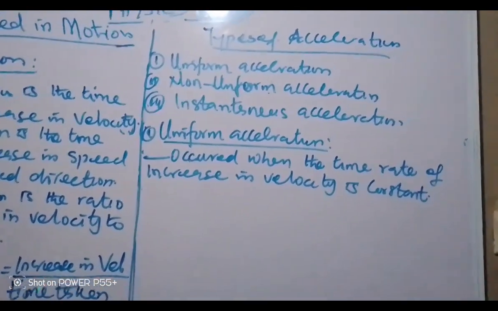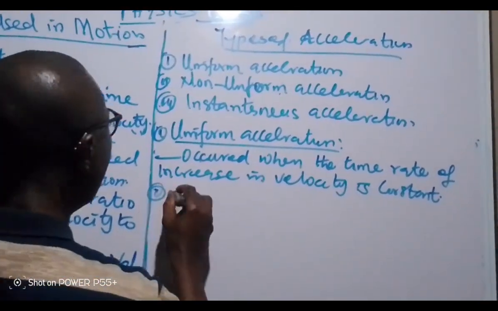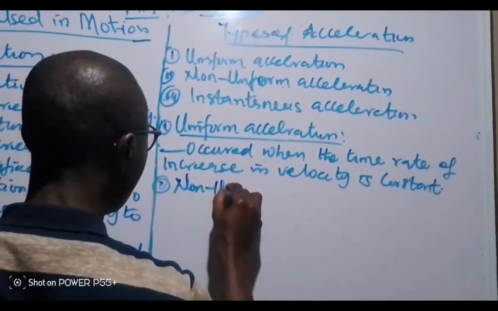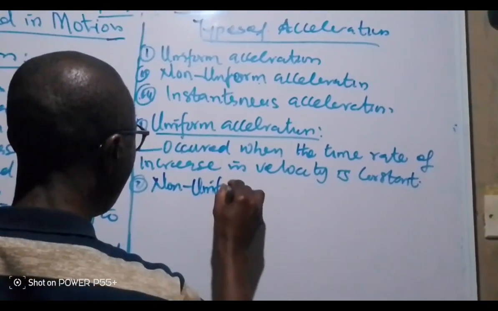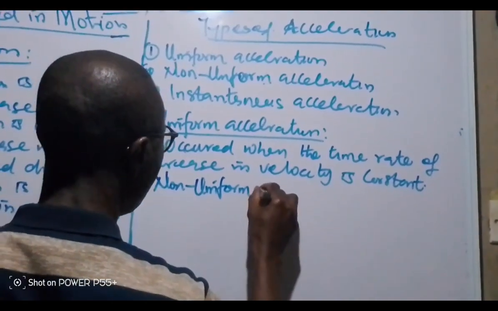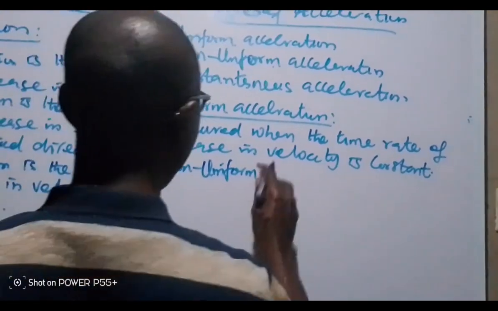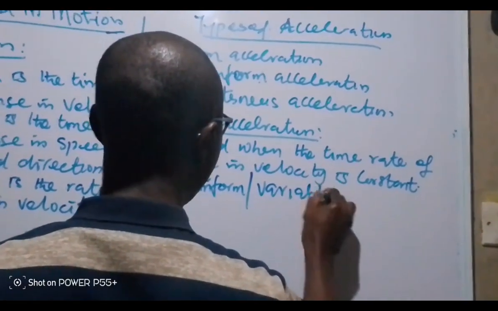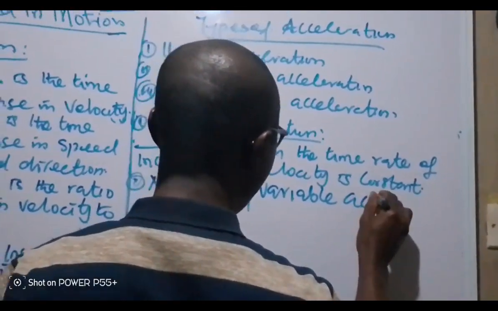Number two, non-uniform acceleration. Another word for this one is variable acceleration.